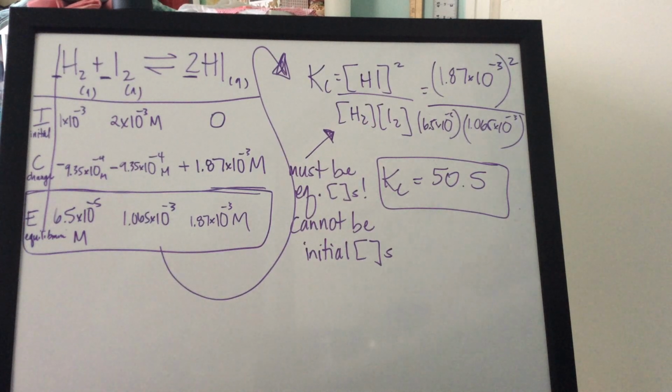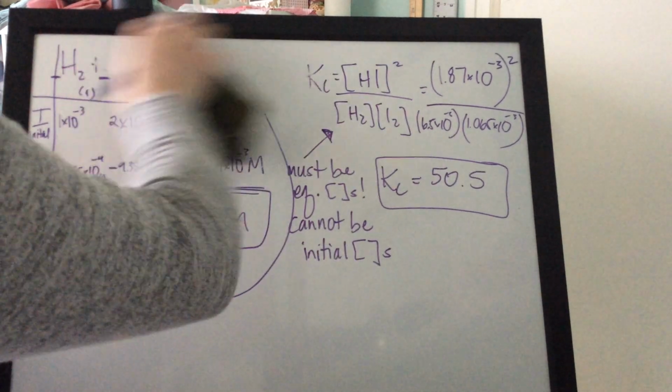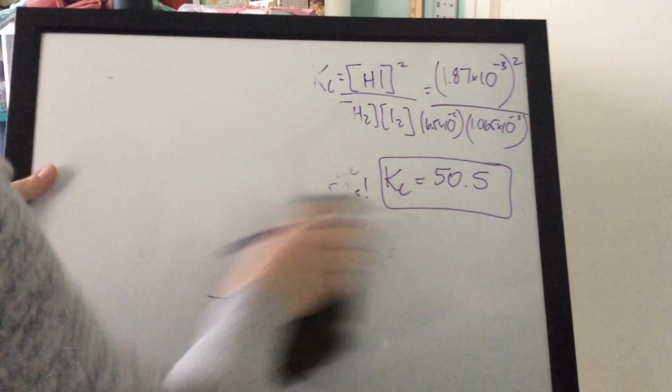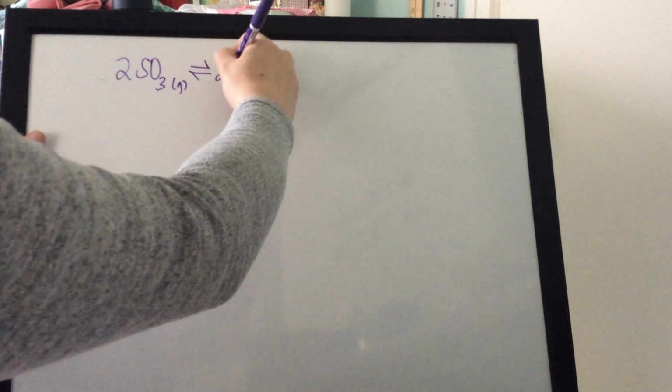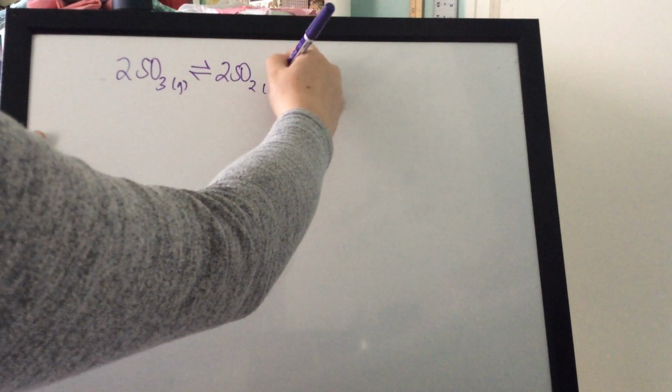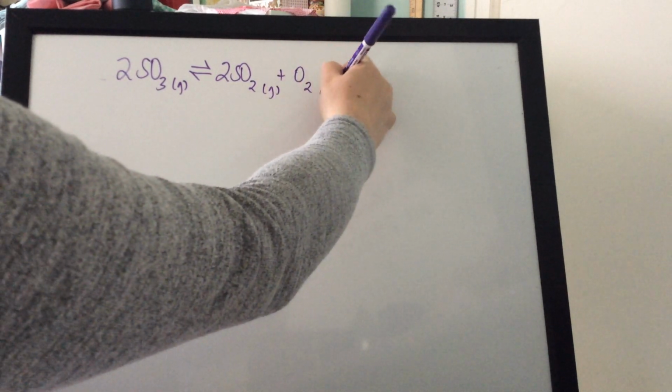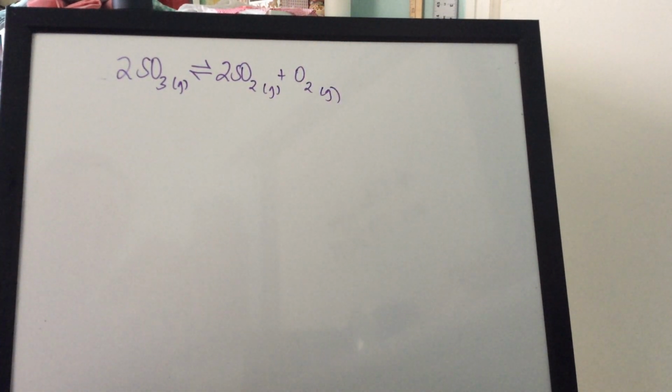in this chapter. So if you flip over, there's one more problem, and it's going to be another ice chart. You're welcome to try this one if you'd like, if you want to pause, but I will go ahead and put it up here. So it gives me a reaction, and they asked me to solve for Kp.